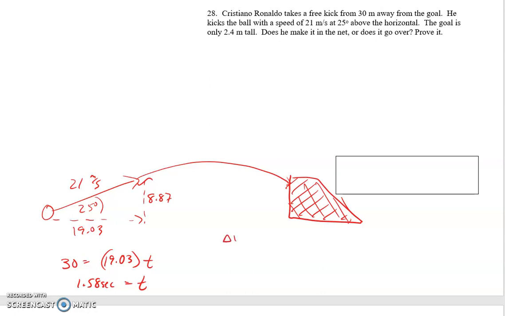So I'm going to solve for delta y using this time. So VIY is 8.87 times 1.58 plus 1/2 negative 9.8, 1.58 squared. You get a delta y of 1.78 meters, which means the ball's definitely going to go in the net.